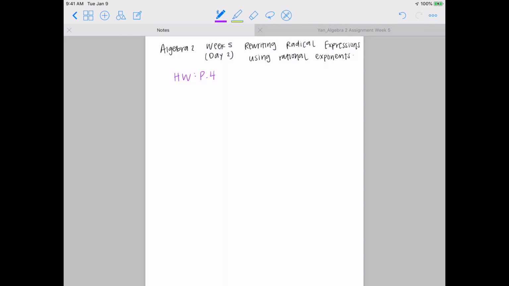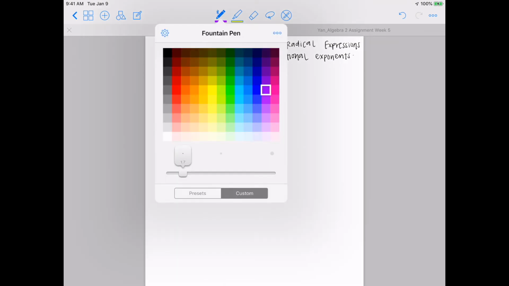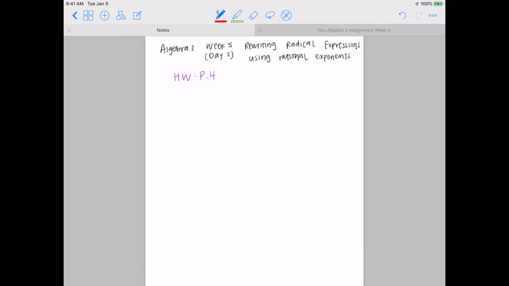Okay, so that means how do we go from square roots or cube roots, fourth roots, those kinds of things, to exponents? So first off, let's say in letter form, if I have the square root of x, that's the same thing as saying x to the 1/2 power, because when we say square roots, we're finding a pair of the same thing.